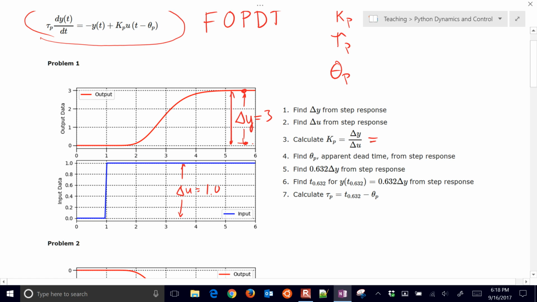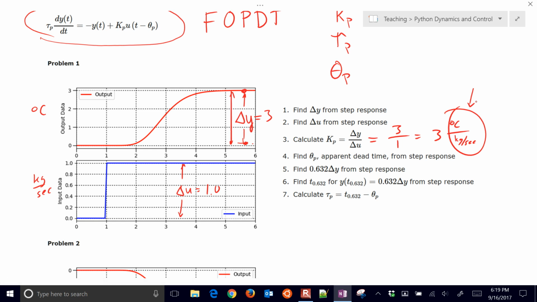From this, I can calculate my gain: 3 divided by 1 equals 3. Sometimes there are units associated with this. Let's say the output is degrees Celsius and the input is kilograms per second. Then my gain has units of degrees Celsius divided by kilograms per second. It's the change in output over the change in input, and depending on the units, you're going to have a different value.